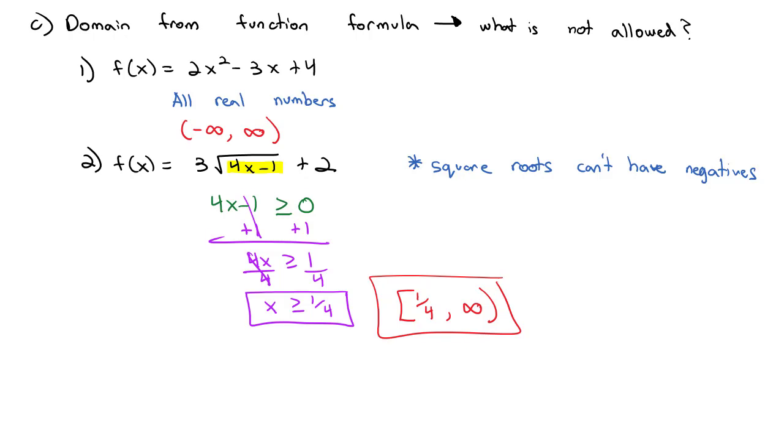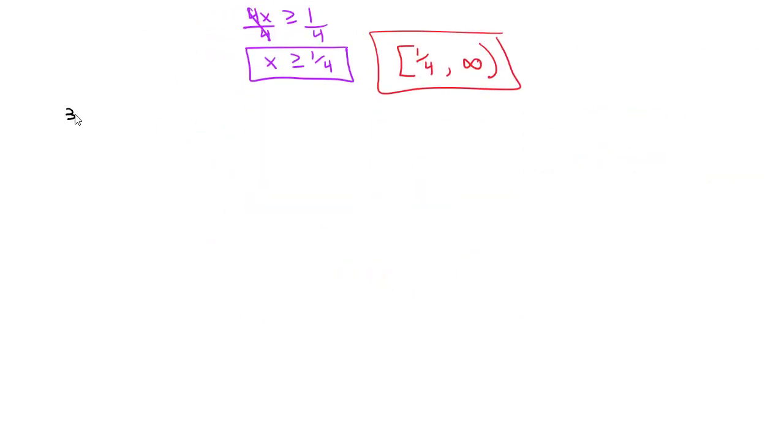Let's do one more example before we wrap up. Let's look at f(x) = 4x / (3x + 9). Now something to be aware of here is 0 cannot be on the bottom of a fraction.